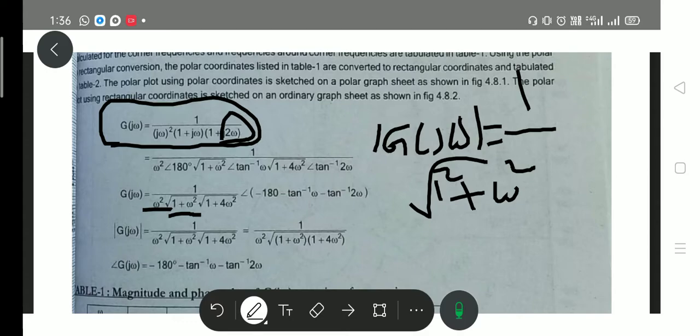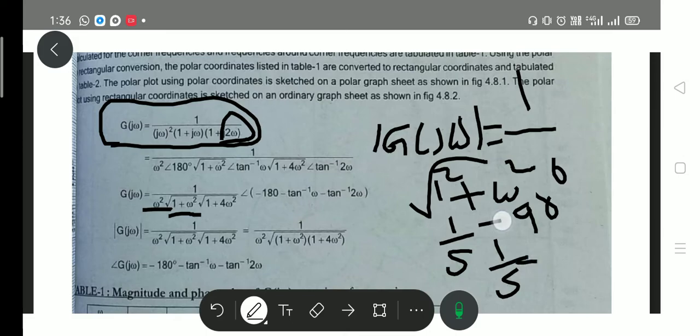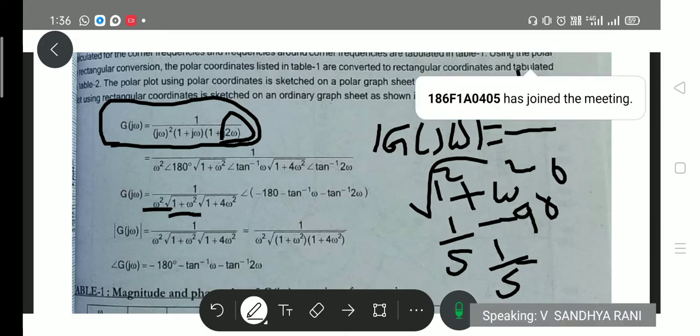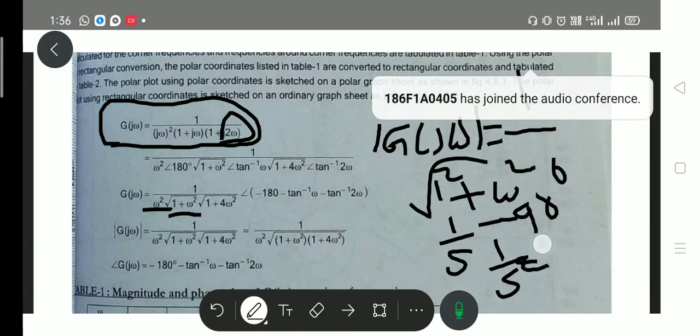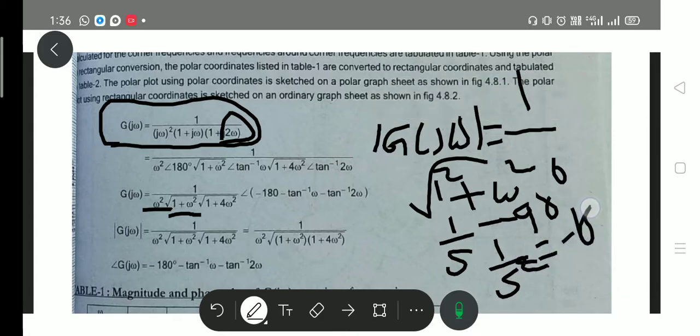Then we can calculate the phase of the system. As I already told, 1 by s means we can take minus 90 degrees in phase, 1 by s square means minus 180 degrees, s cube means minus 270, and so on.